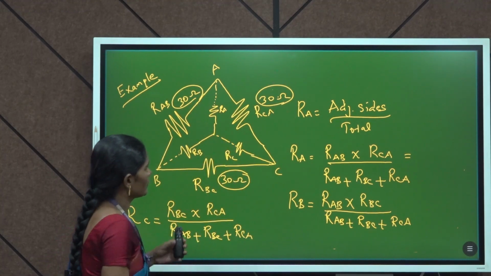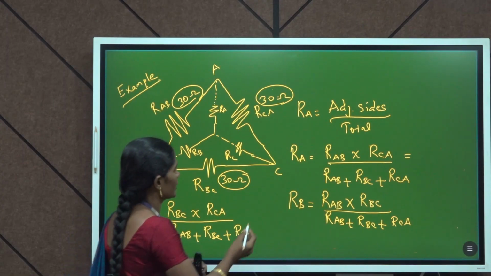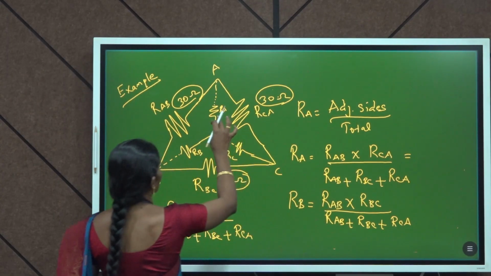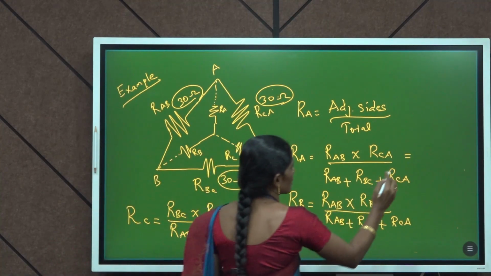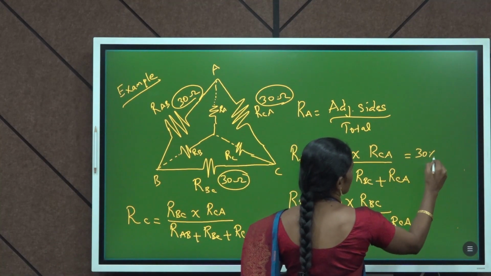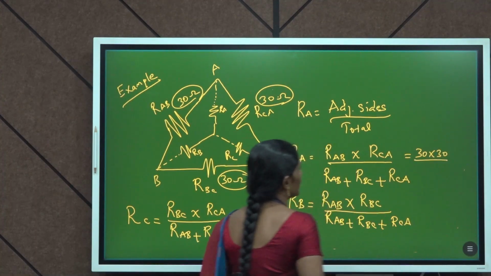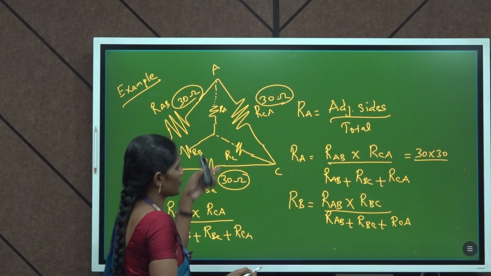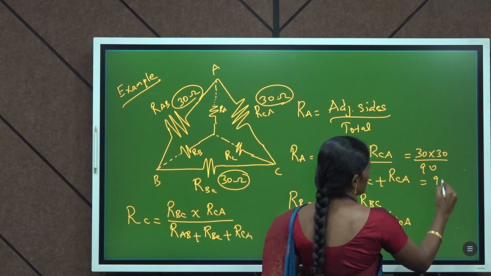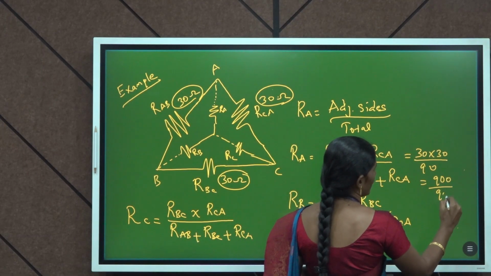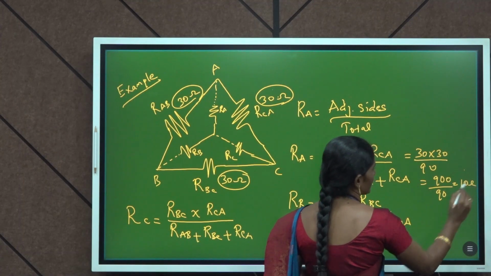Let us calculate the star values. For RA, the adjacent sides are 30 as well as 30. So, 30 into 30 divided by the total, which is 30 plus 30 plus 30, it will reflect 90. So, 900 by 90 will give 10.